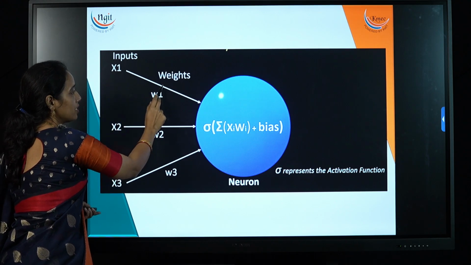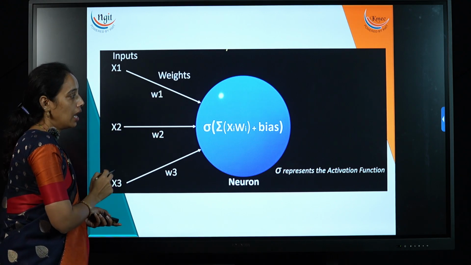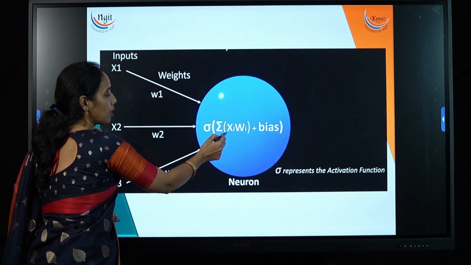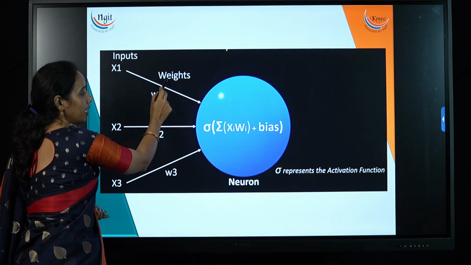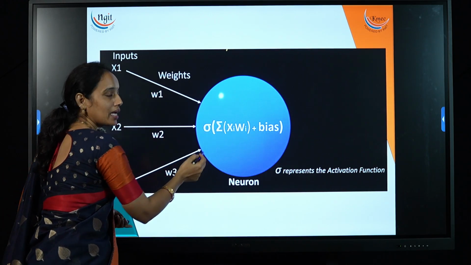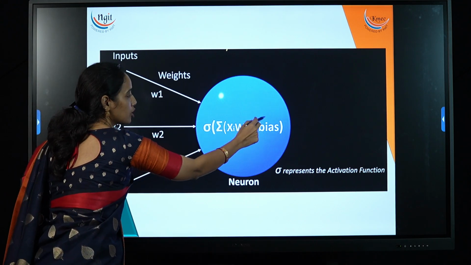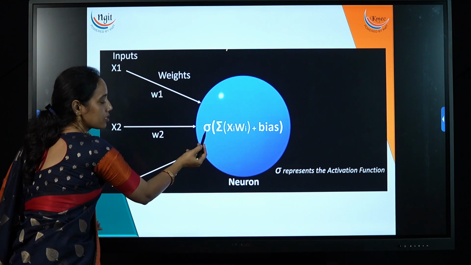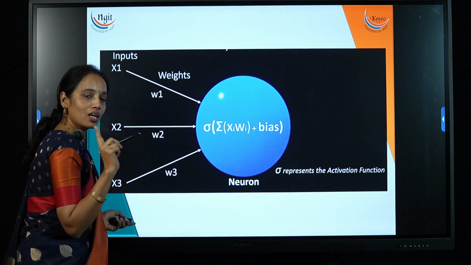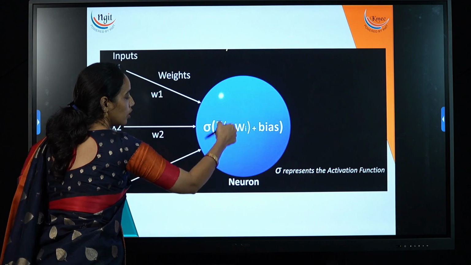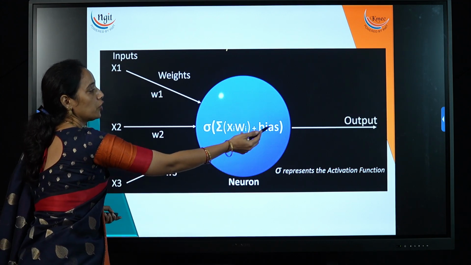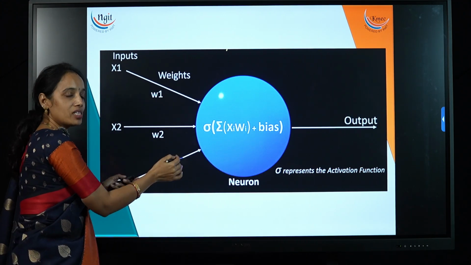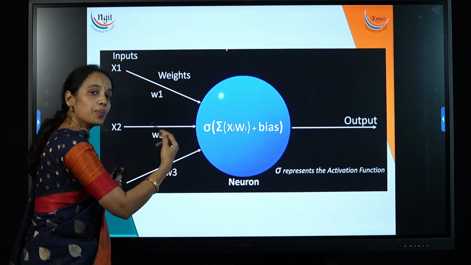Each input has a corresponding weight, and we take the summation of the inputs with weights, and a term called bias is added, and the result is passed to the activation function. So this sigma represents one of the activation functions, and this whole thing is called a neuron, and it is going to give the output. Whatever the activation function gives, that itself is the predicted output.